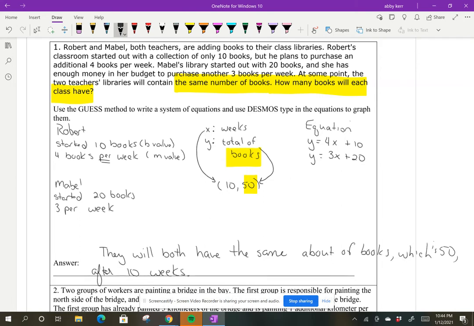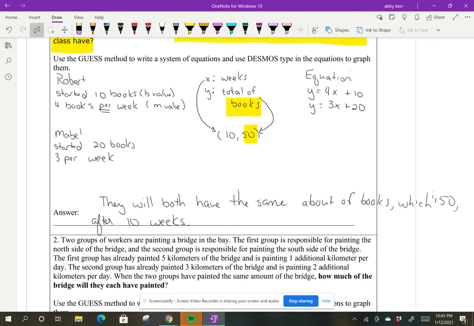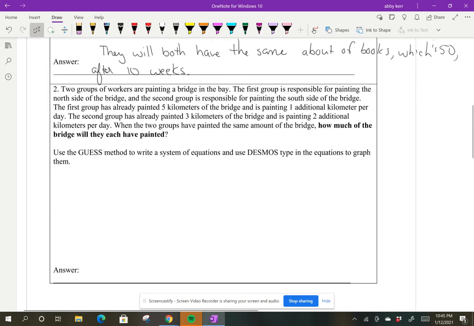You can say in 10 weeks they'll both have 50 books, which is the same, something along those lines. So even though Mabel started out with more books in the beginning with 20 books, she only increased by 3, where Robert increased by 4. So it took them 10 weeks to get the same amount.